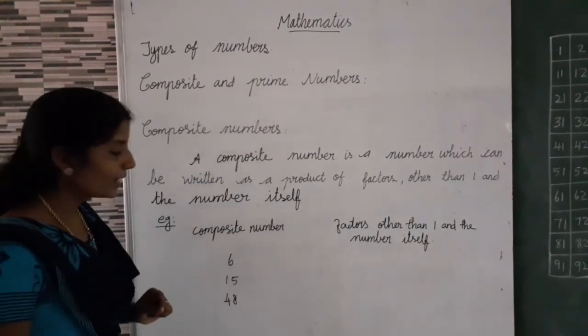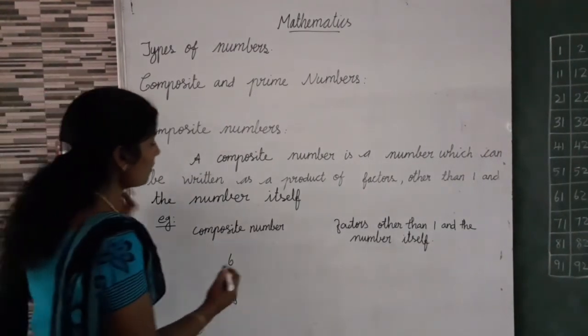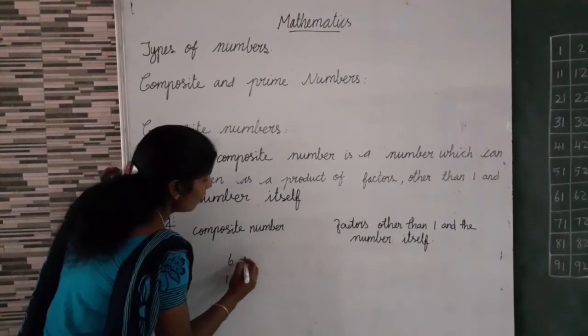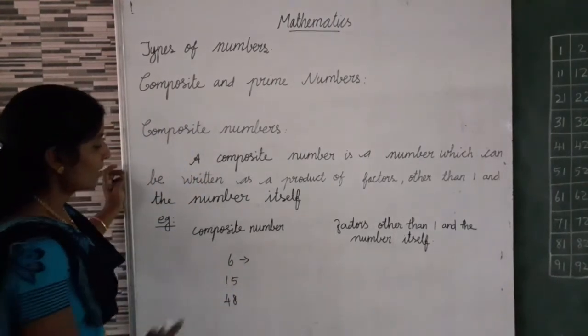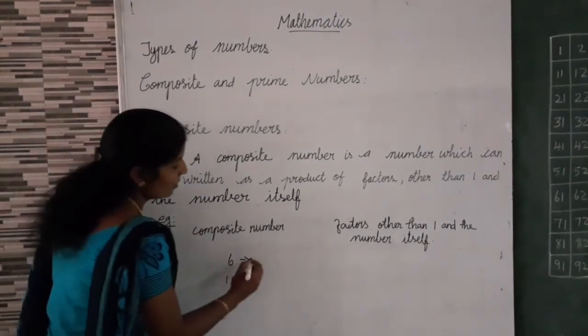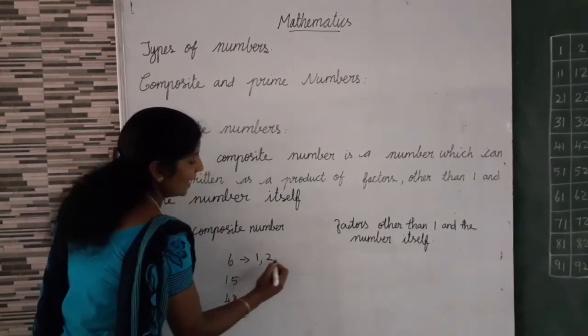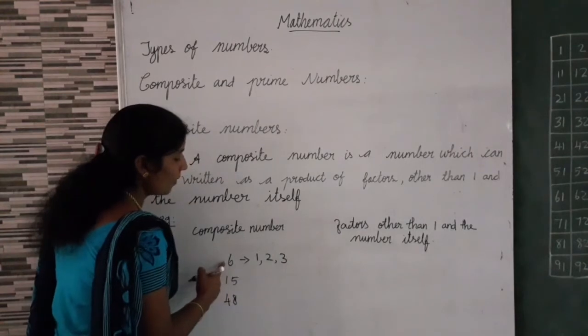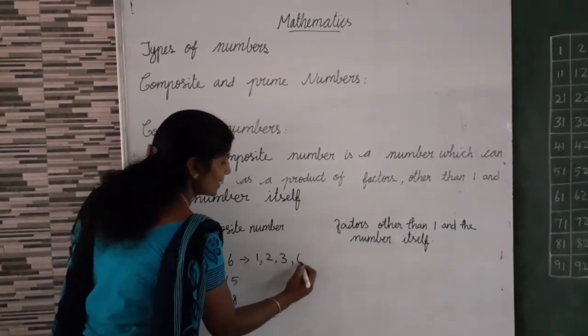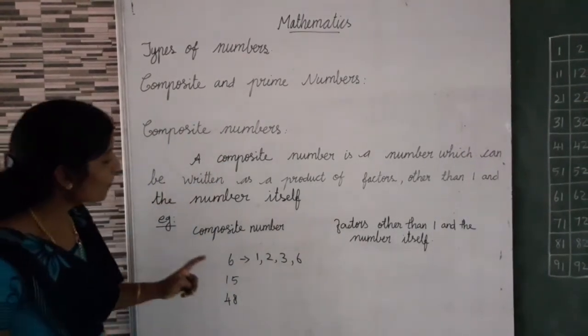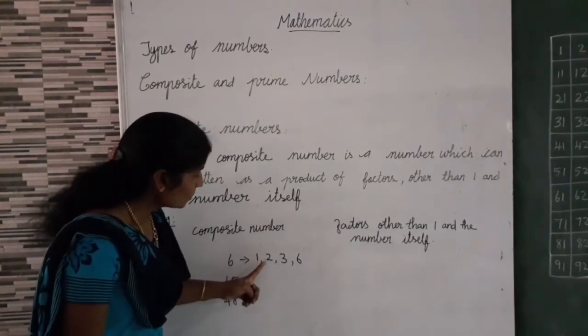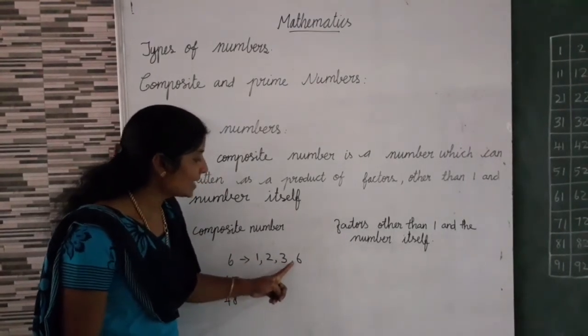How are these numbers composite numbers? Can you say? Now, we can write 6. What are the factors for 6? 1 into 6, 2 into 3 are 6, then 6 into 1. So, we can write 1, 2, 3, 6.